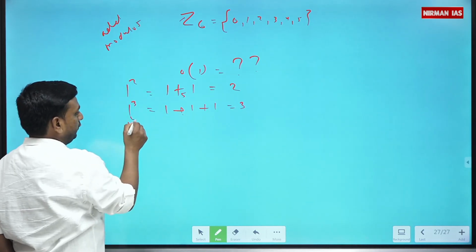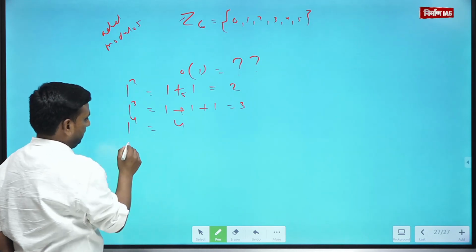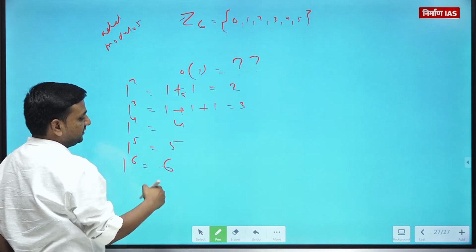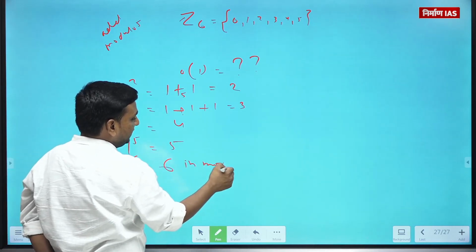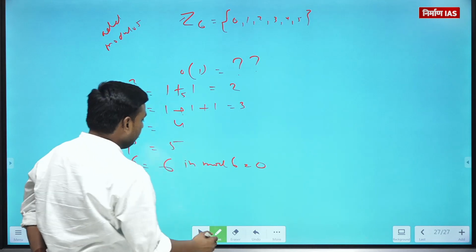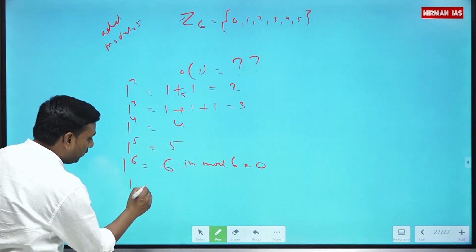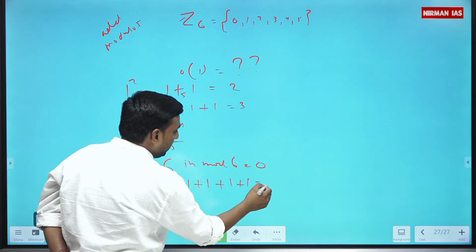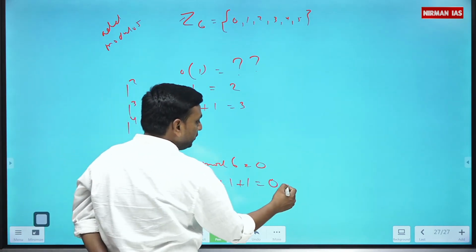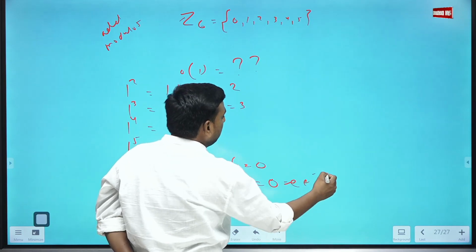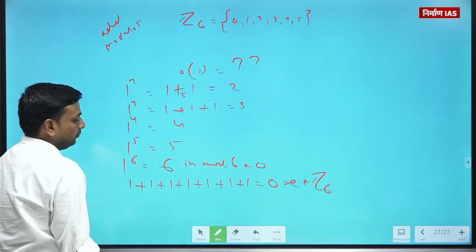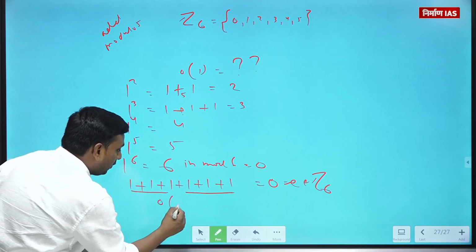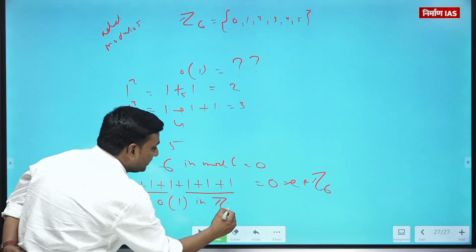Then 4 times composition gives 4, 5 times composition gives 5. If I do the composition 6 times, 6 in modulo 6 is 0. That means if I compose 1 at least 6 times, I get 0, and 0 is the identity element of Z6. So what I will say, order of 1 in Z6 is 6.